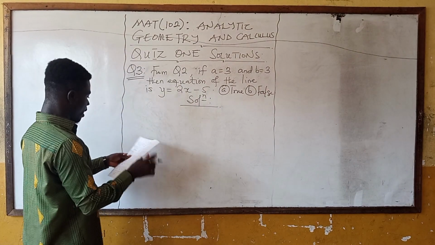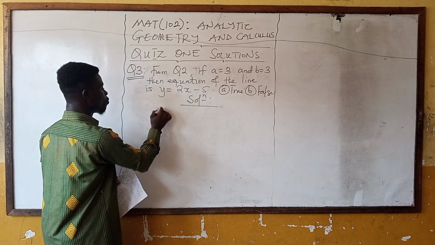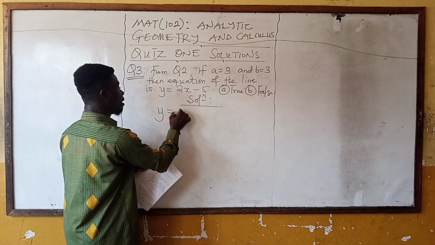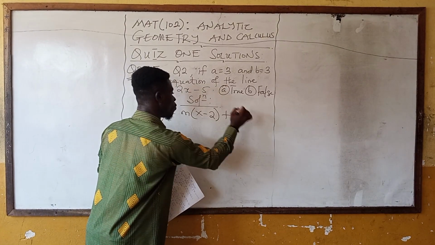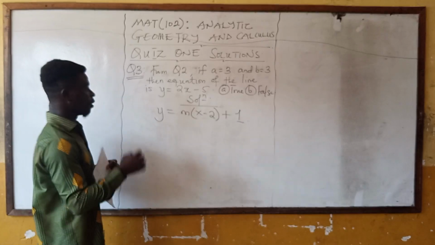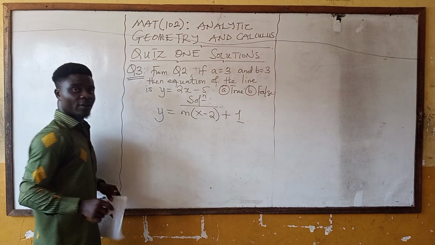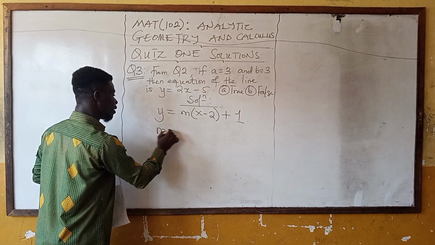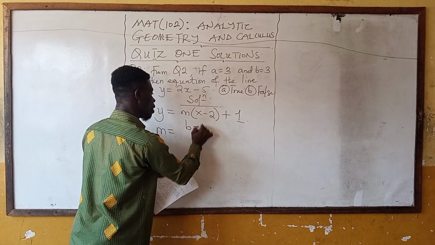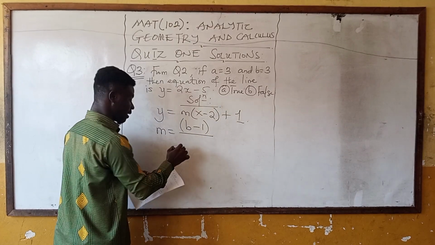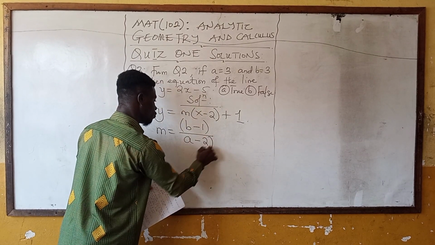Right. So now we have our equation to be y equals m multiplying x minus 2, plus 1. You can find our gradient. Our gradient was b minus 1, all divided by a minus 2.